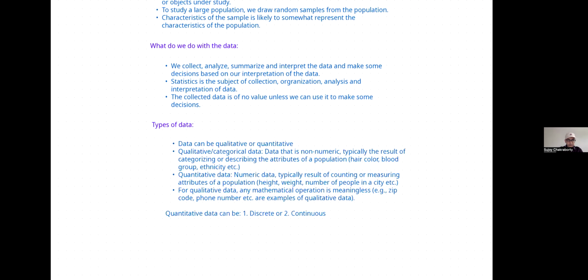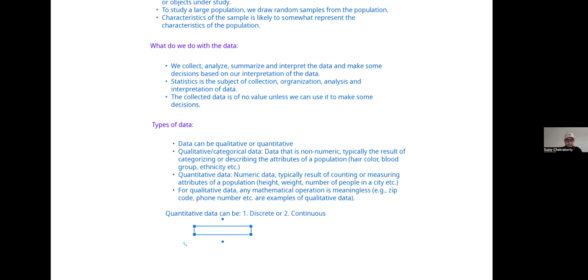Let's talk about these two types now. First is discrete data. Discrete data means data that can take only certain numerical values. For example, the number of phone calls received in a day. These are countable values.